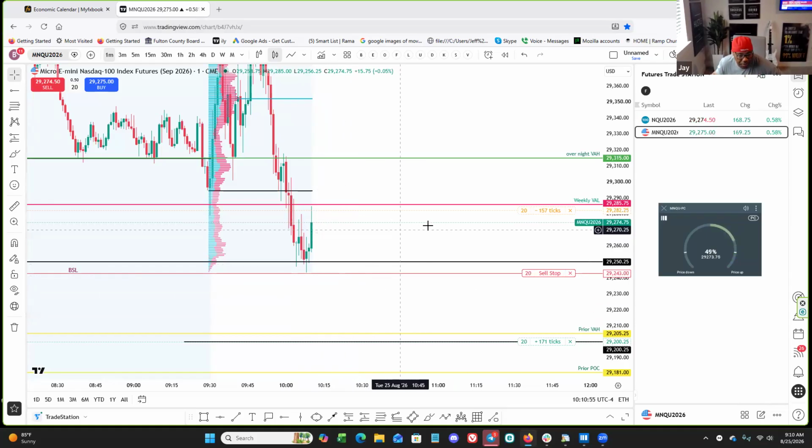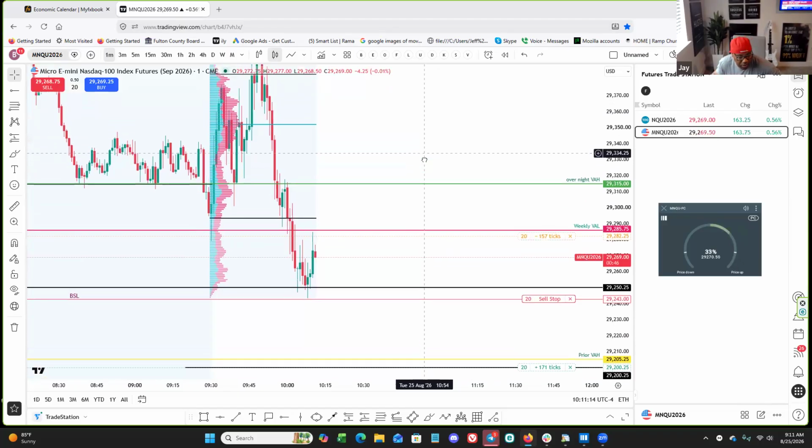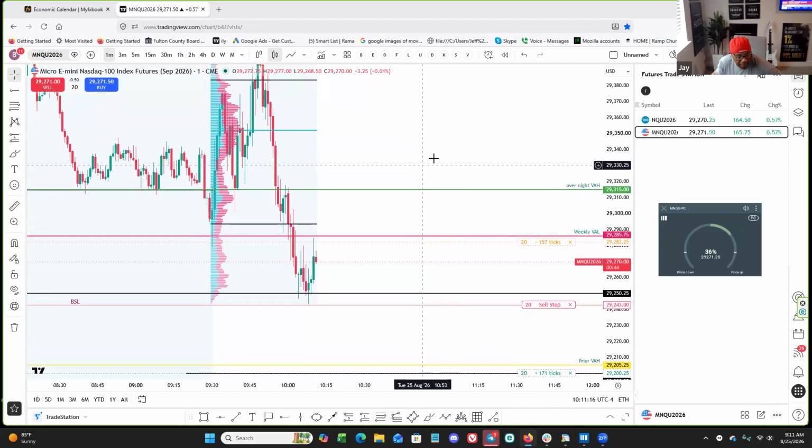Price doesn't just go down in a straight line. It's going to give you an impulse, correction, impulse, correction. So let's see if we get a rotation back to the downside, or to the upside. We'll see.